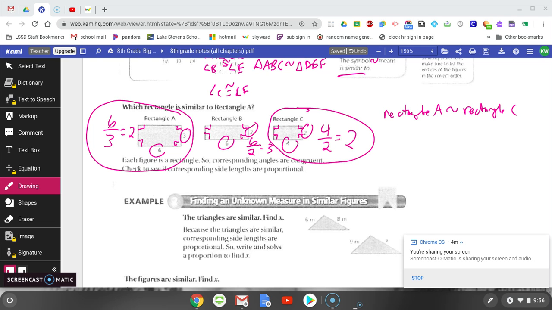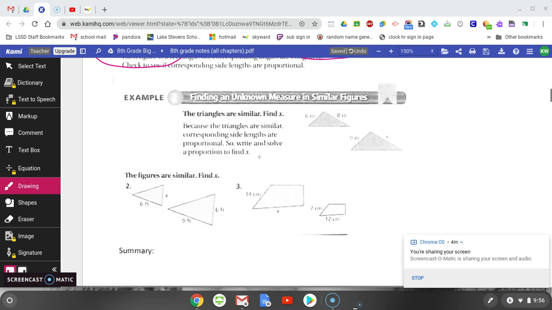Even though it has 4 right angles, it doesn't have the same proportion between the two sides. So when I compare this side length to this side length, they don't have the same ratio. This one actually ends up being longer than the others compared to how tall it is.